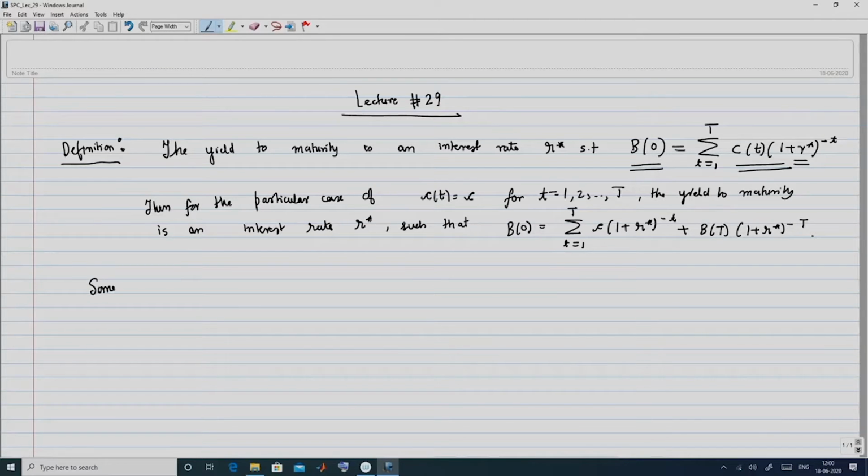We next talk about some properties of duration.